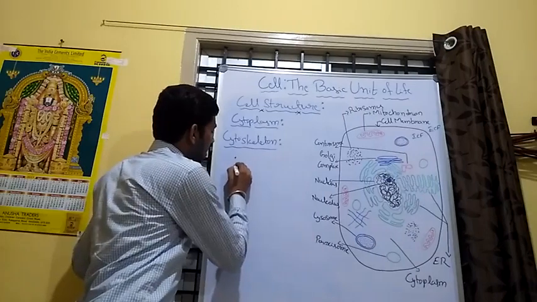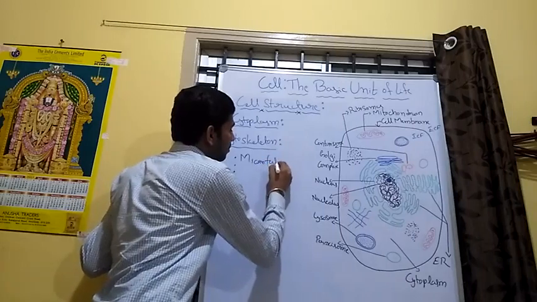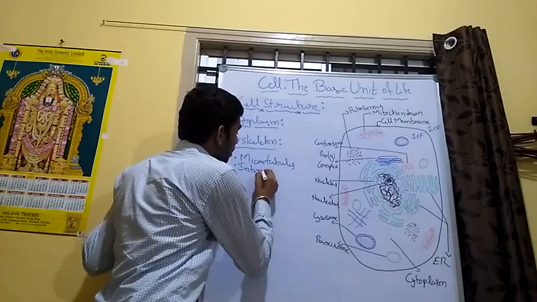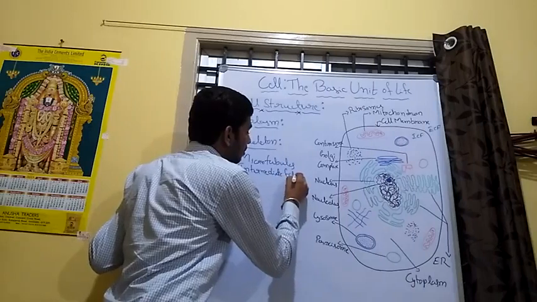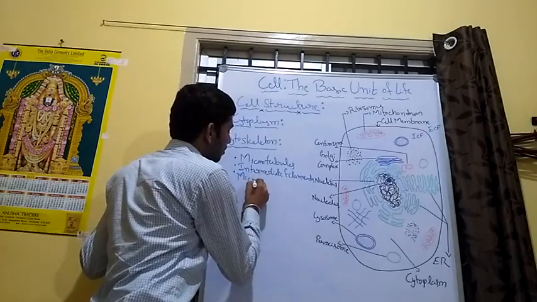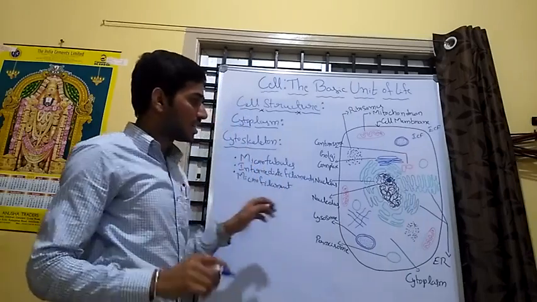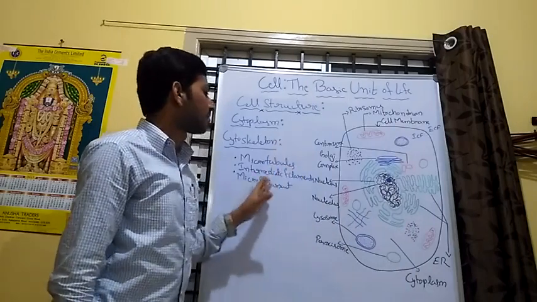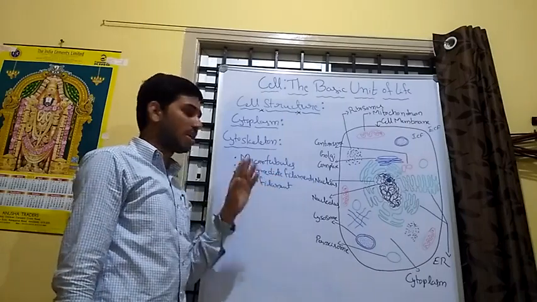There are three types of cytoskeleton filaments: microtubules, intermediate filaments, and microfilaments.